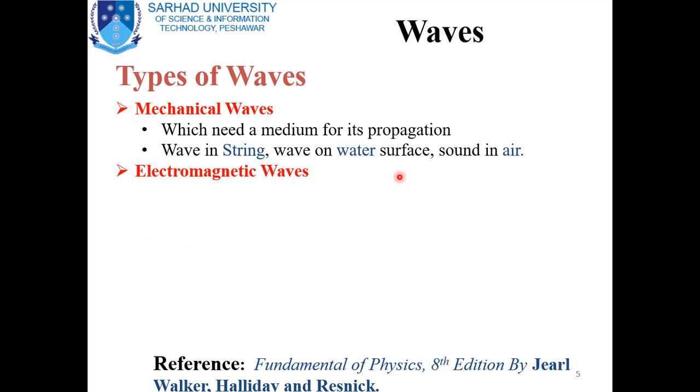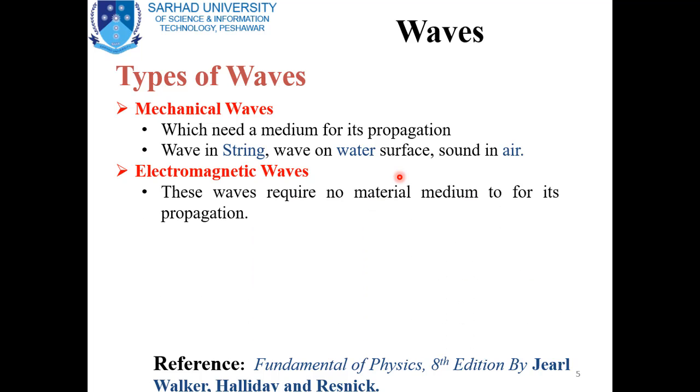The second type of waves are the electromagnetic waves, and these waves require no material medium for their propagation. So these waves, the electromagnetic waves, can move without a medium, and they can also move within a material medium.